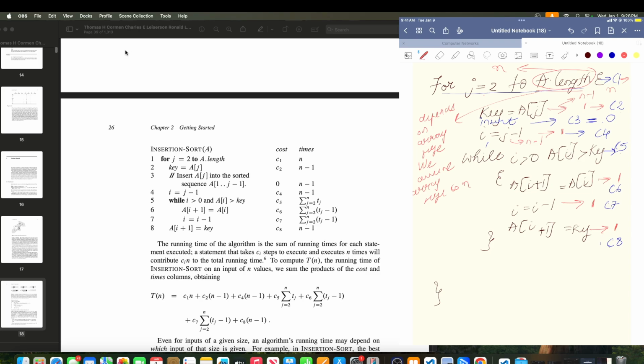And let's come here. So for each n, this will run how many times?